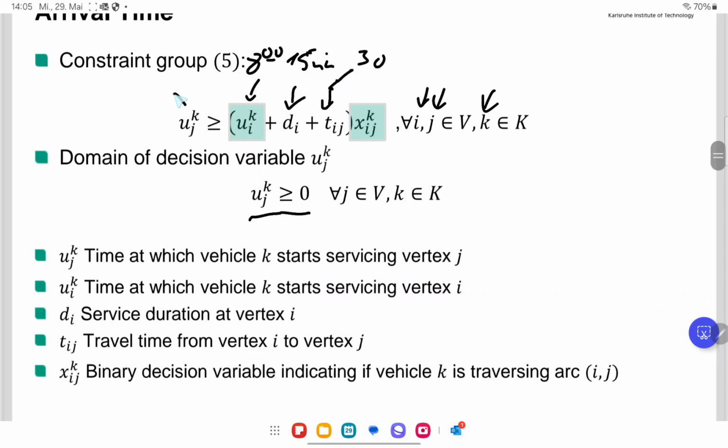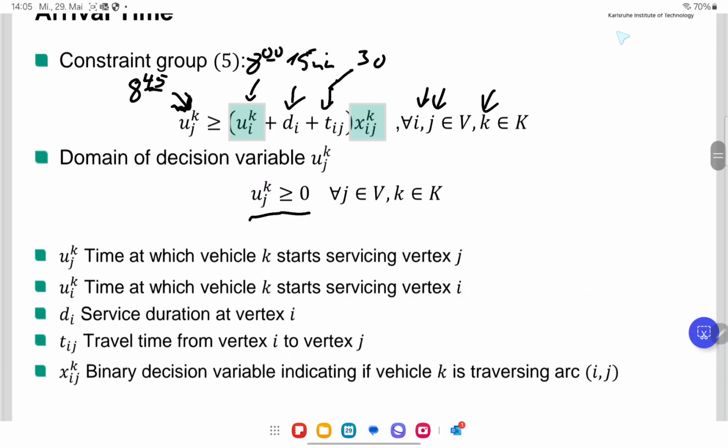You know then that you can only start at j at 8:45. So this is the earliest point you can start serving vertex j. Okay, just as an example.